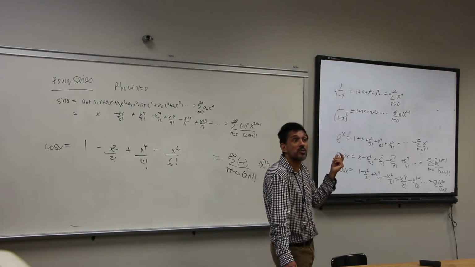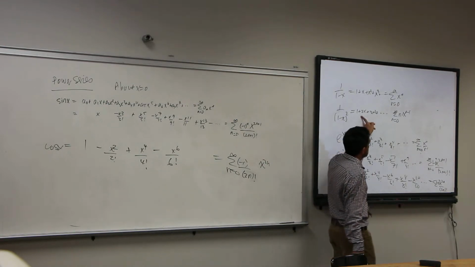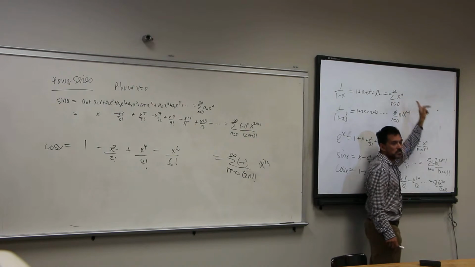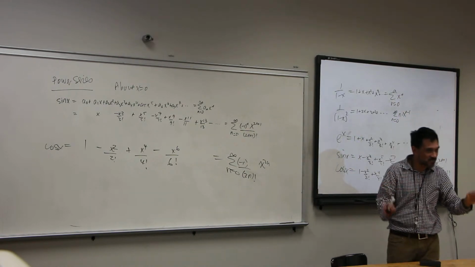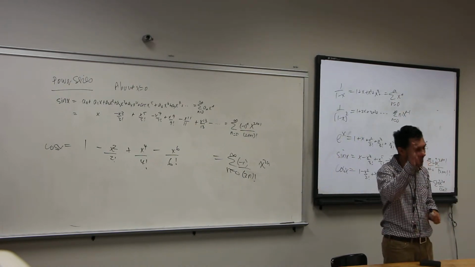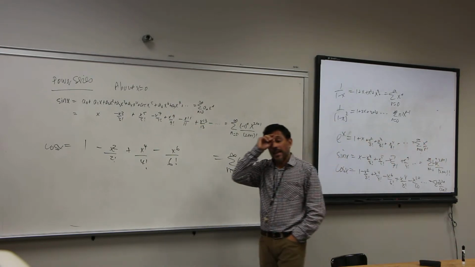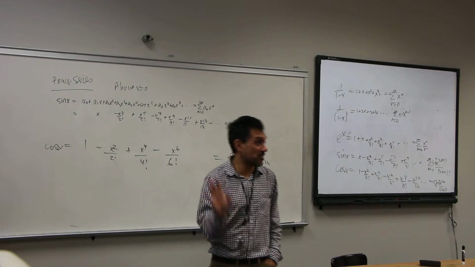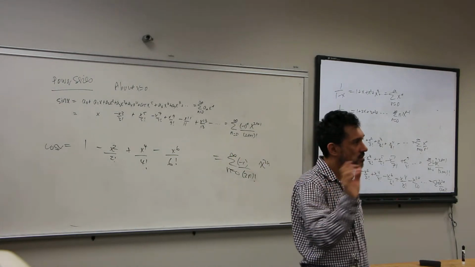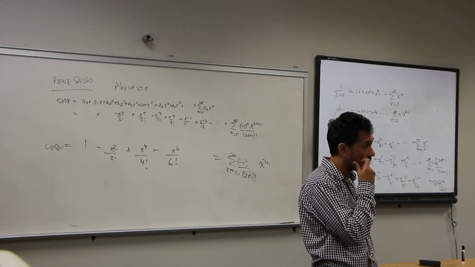So we need to know when do these converge? And we know how to deal with those things. We have the ratio test, the comparison test, alternating series test, all that stuff.